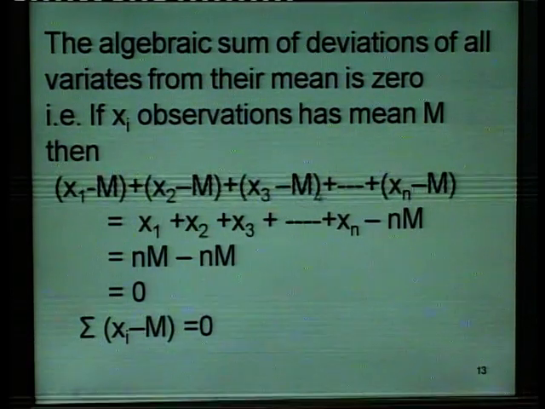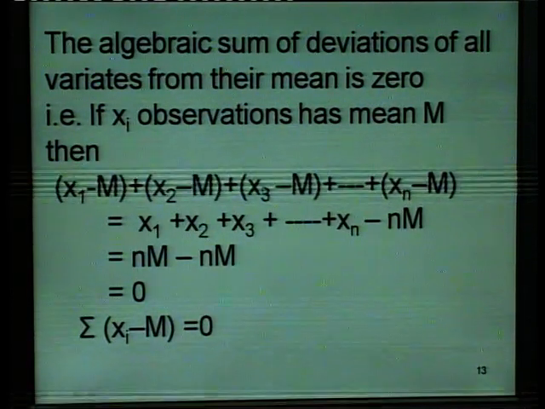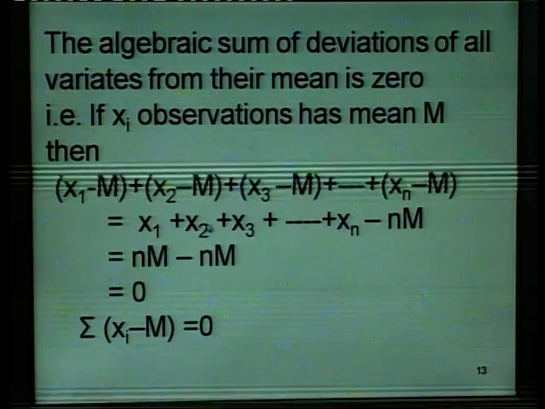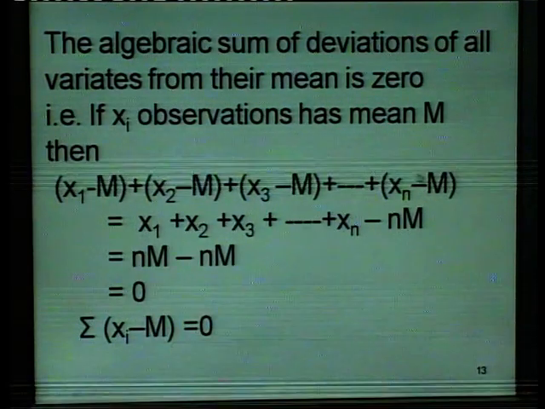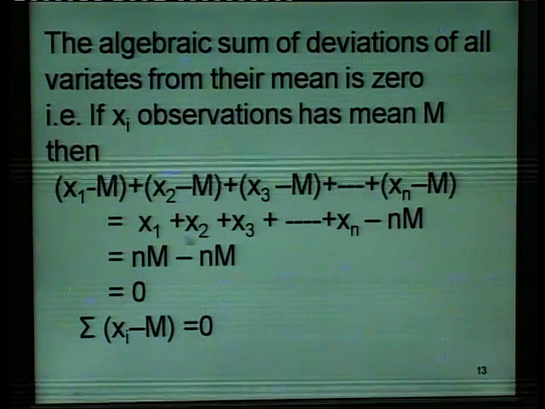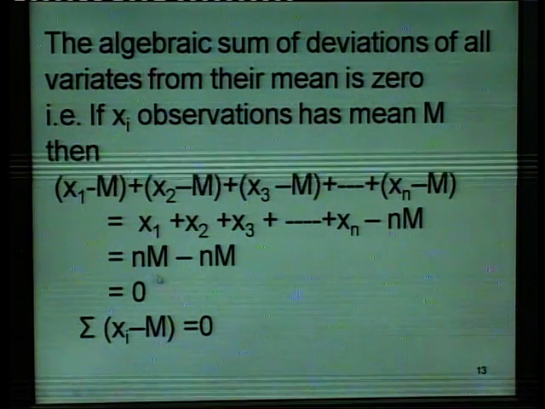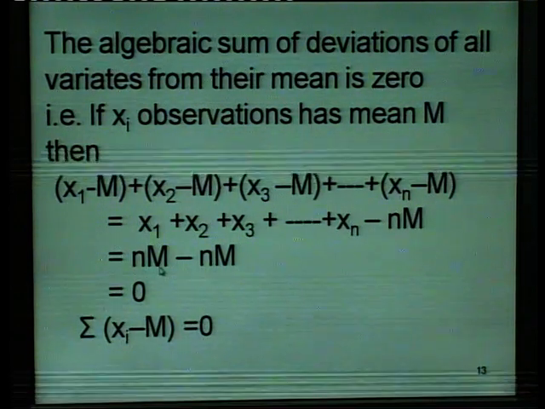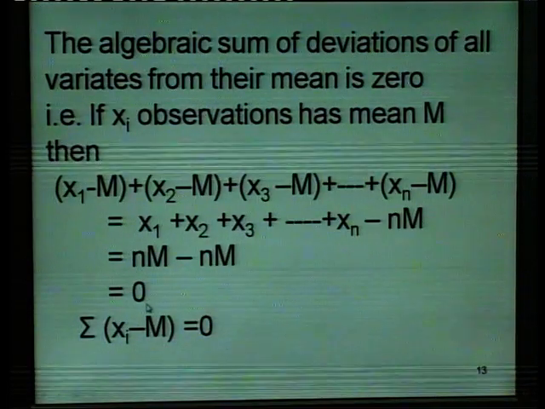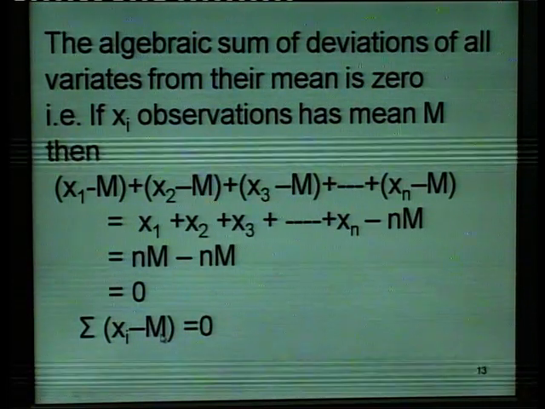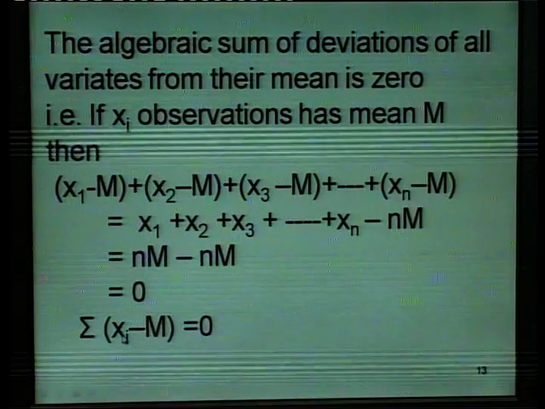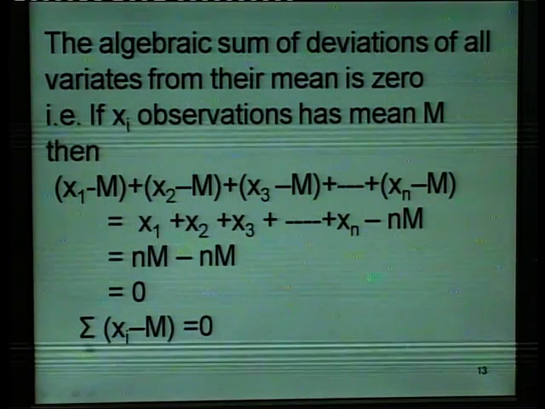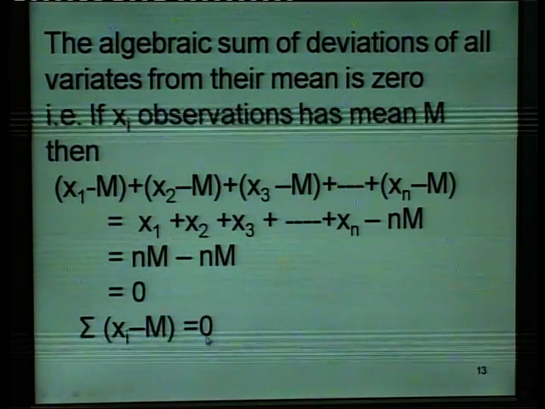Now separate x1 plus x2 plus x3 plus xn, and then m will appear n times. Now we know that summation x is also n into m, number of observations into mean, and nm minus nm equals 0. That means when we subtract mean from each observation and add all of these, we come up with 0.